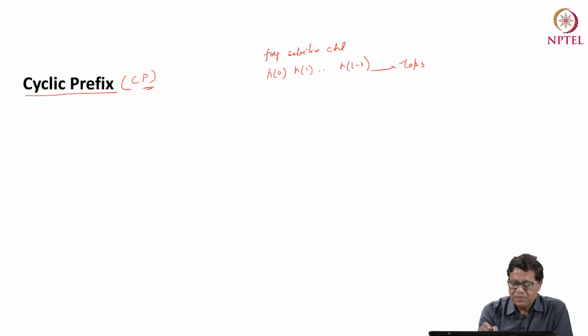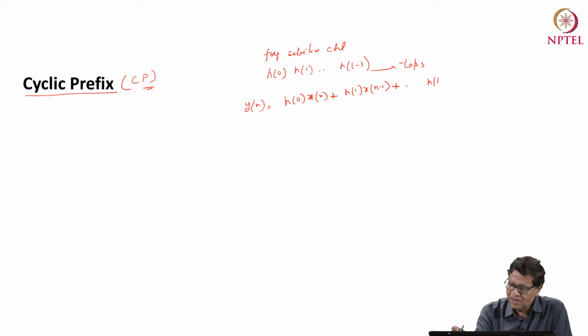So what happens because of this channel? If you see any signal at timestamp n, y[n], it will be h0 x[n], and h1 x[n minus 1], plus so on and so forth.